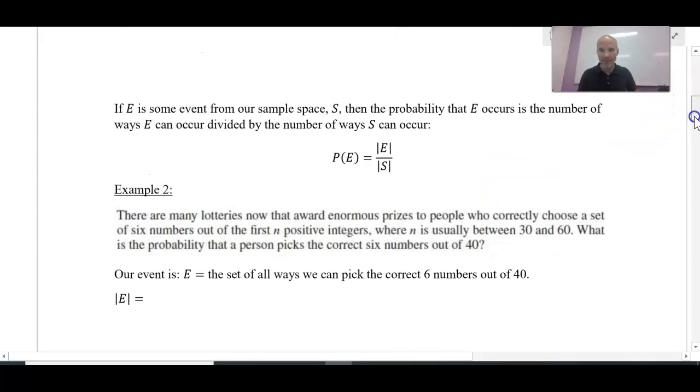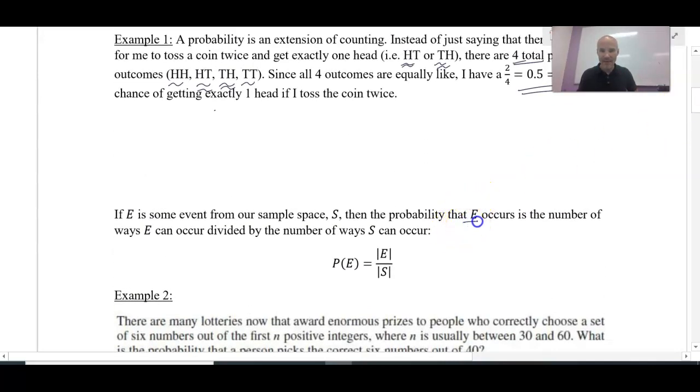So a probability is defined as follows. If you have some event E, I would describe it as a set of all possible ways you get what you want. And S is the set of all possible outcomes, including the ones that you do want and do not want. Then we can find the probability of E by counting the size of the number of ways we can get what we want, divided by the size of what we call our sample space, or the set of all possible outcomes.